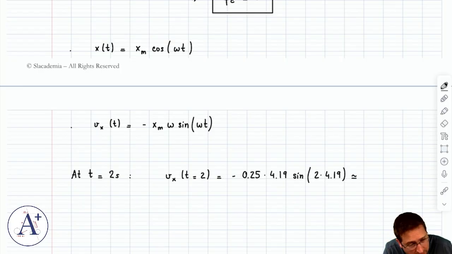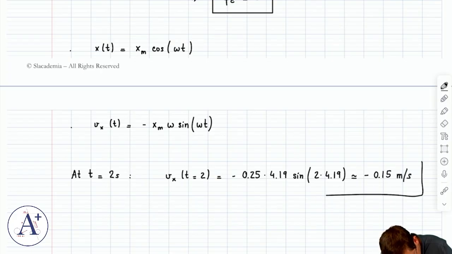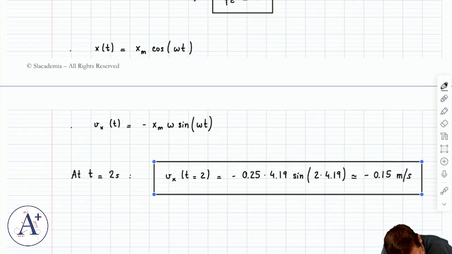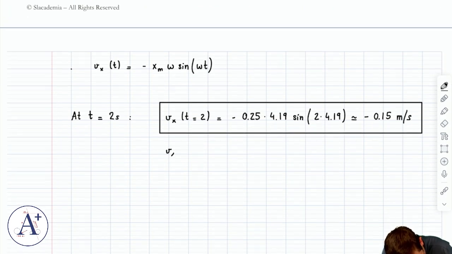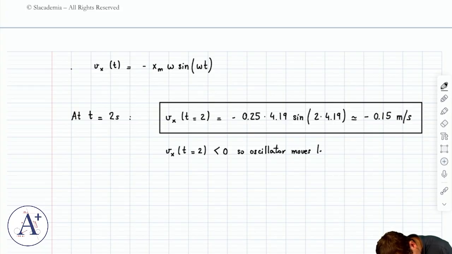That is going to be approximately minus 0.15 meters per second. And because that's negative, we conclude that the oscillator is moving to the left at t equals 2 seconds. So the oscillator moves left at t equals 2 seconds.